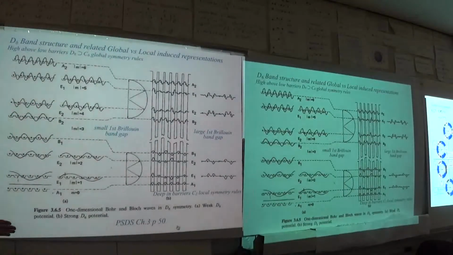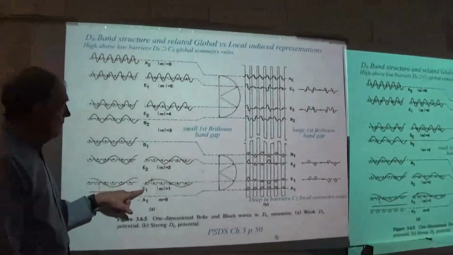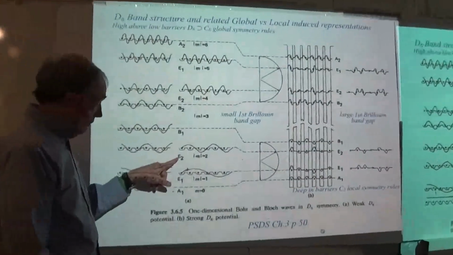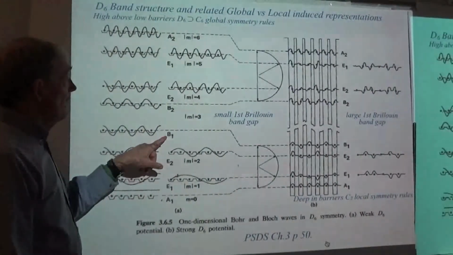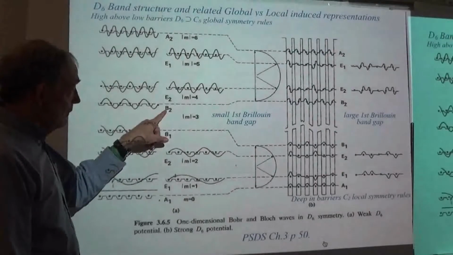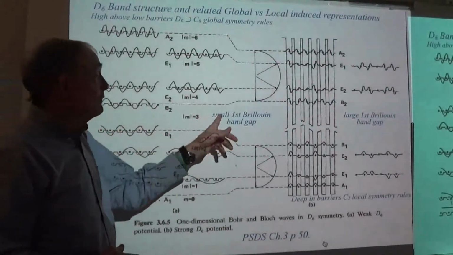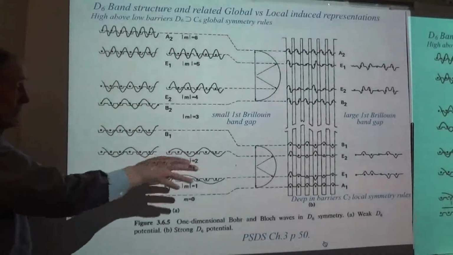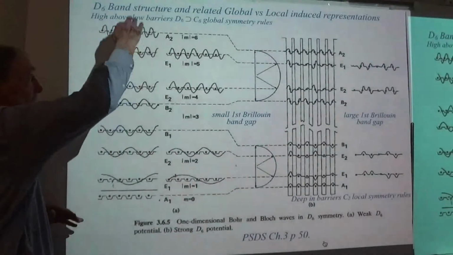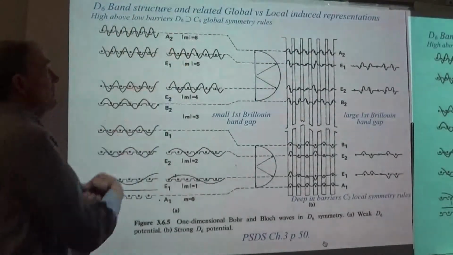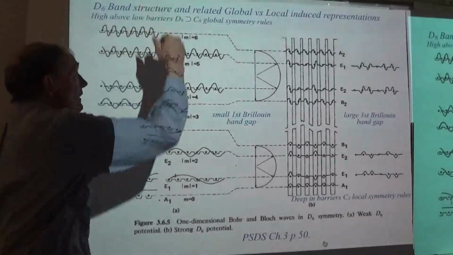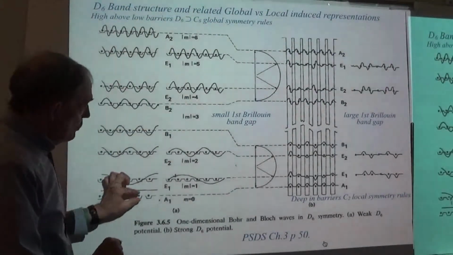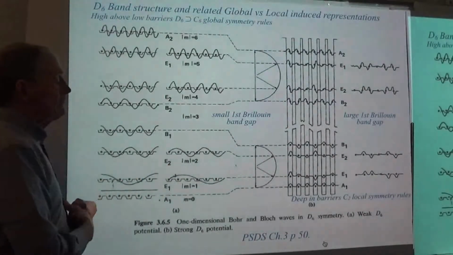But anyway, what you're seeing here for the D6 is an ordering that goes like this: A1, first E1, second E, that's E2, and then these guys right here, B1 and B2, the B mnemonic, that's the first Brillouin band gap that will occur when you're running waves of various angular momentum up to momentum 6, 7, 8, 9, on top of a very weak periodic potential.